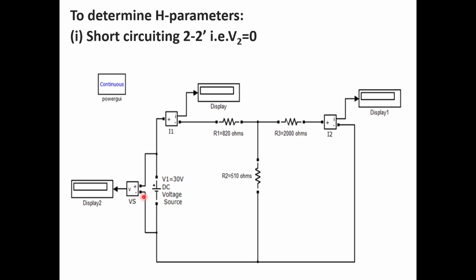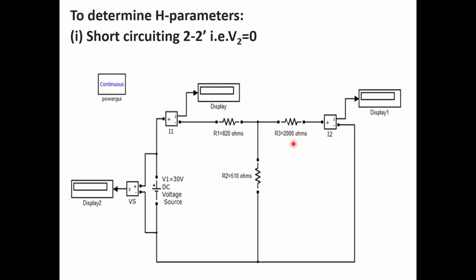So whatever voltage is set in this regulated DC voltage source will be measured by this voltage measurement and displayed in this display. And a current measurement is connected in series with 820 ohms, and whatever current is flowing through 820 ohms will be measured by the current measurement and displayed in this display.